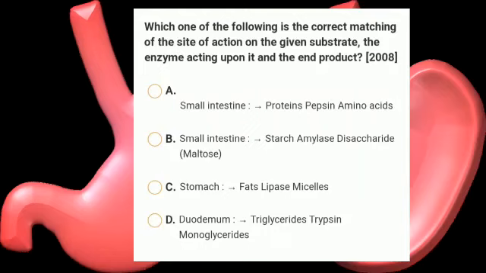Option D, duodenum, triglyceride, trypsin and monoglyceride: in this region it is not converted into monoglyceride. So the correct option is B. Small intestine, starch, amylase, disaccharide maltose is formed in the small intestine. So we'll meet in the next lecture with the next PYQ.